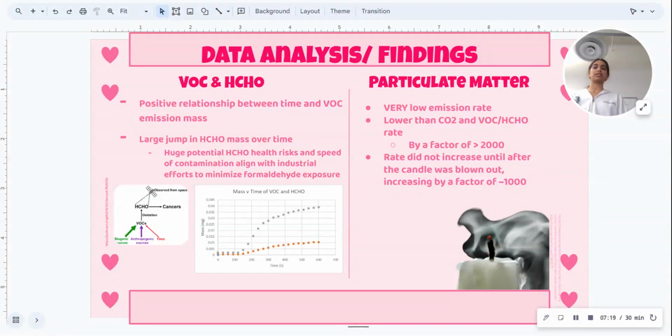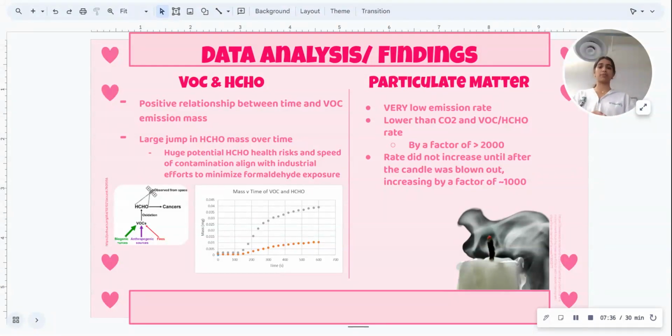Additionally, with the data analysis of the VOC and HCHOs, like Julia talked about, the trend between the mass and time of VOCs and HCHO, as time increased, we saw that the concentration of said particles also increased.